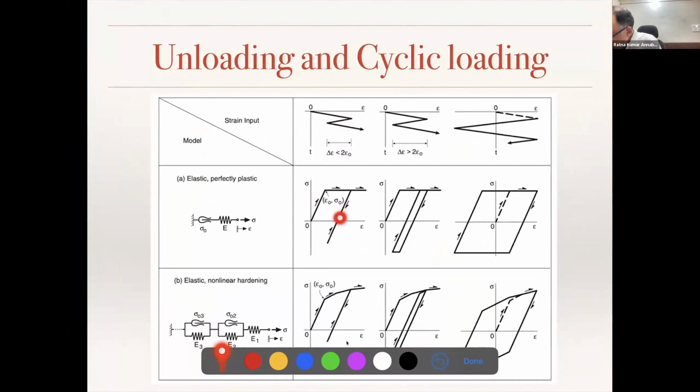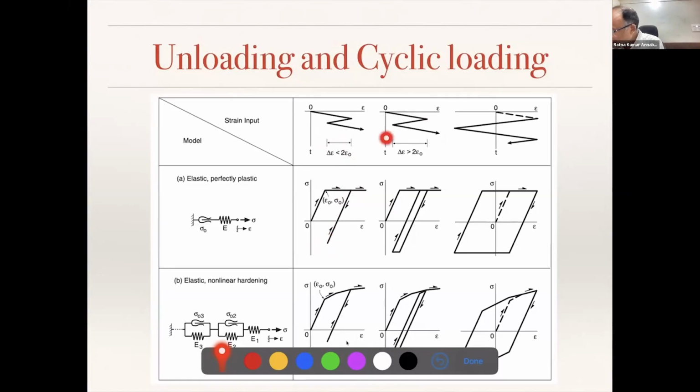In the reverse direction, the yielding happens only when the change in stress is greater than 2 times sigma naught, or in terms of strain, 2 times epsilon naught. If it is less than 2 times epsilon naught, it will not plastically deform in the reverse direction. As a result, there will not be any plastic deformation during this process, and if you reload it, it will follow the same path because it's the elastic path.